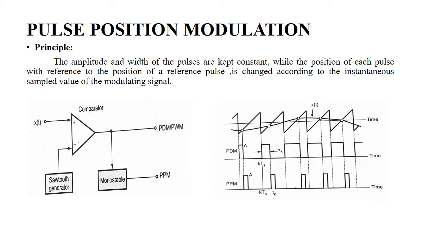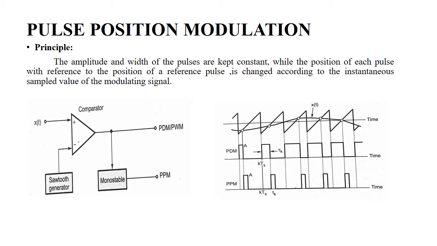The sawtooth generator generates a sawtooth signal of frequency fs, also called the sampling signal, which is applied to the inverting input of the comparator. The modulating signal x(t) is applied to the non-inverting input of the comparator.